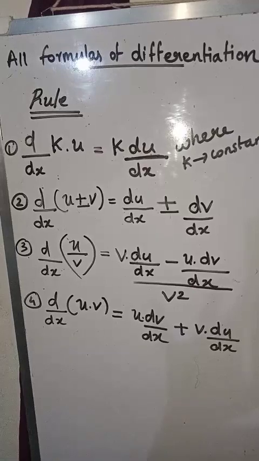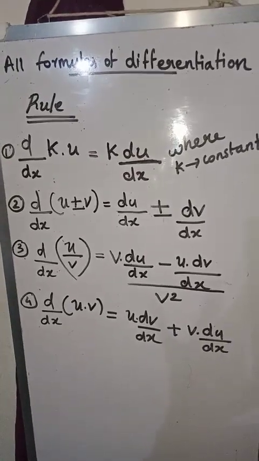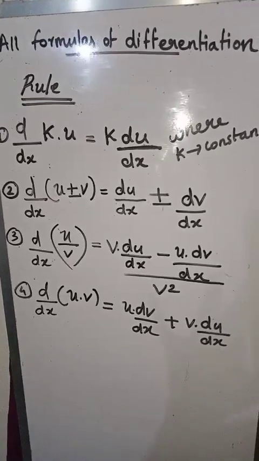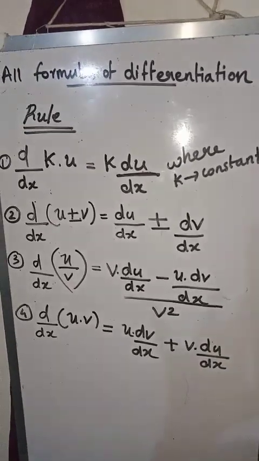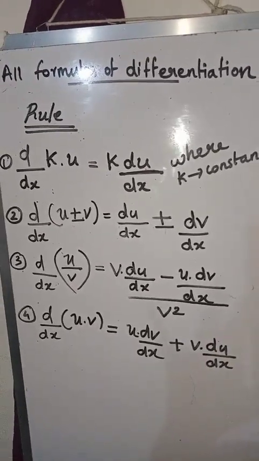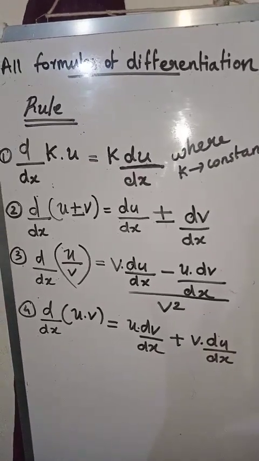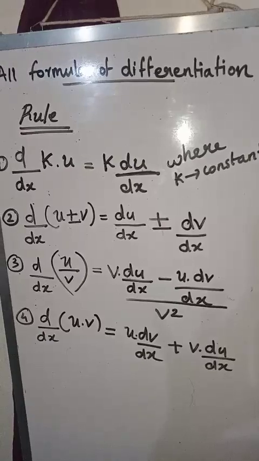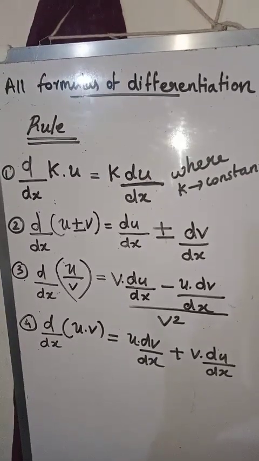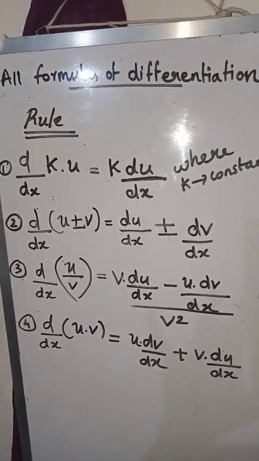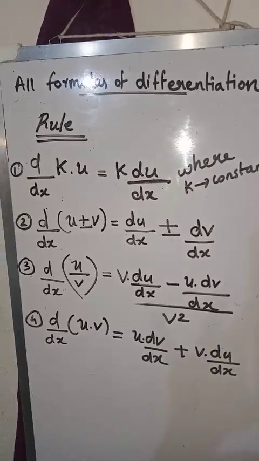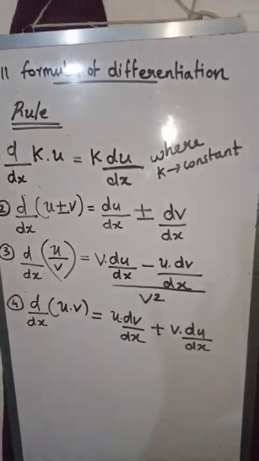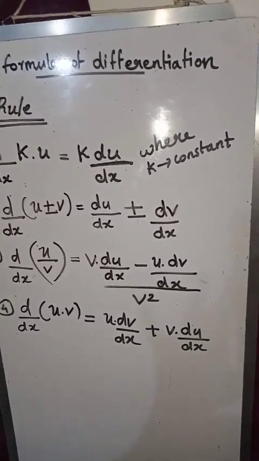Then the numerator u is taken, and the differentiation of the denominator, dv by dx, is done. So first of all, what is taken? The denominator is taken and the differentiation of the numerator u is done, and minus u is taken, that is, the numerator is taken and the differentiation of the denominator is done, and at last divided by v square.